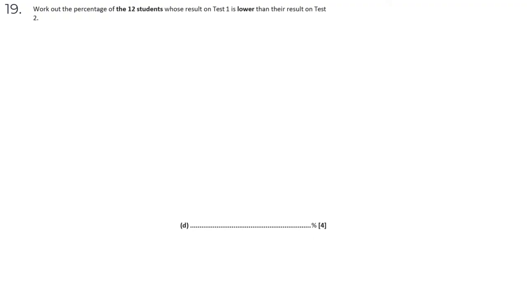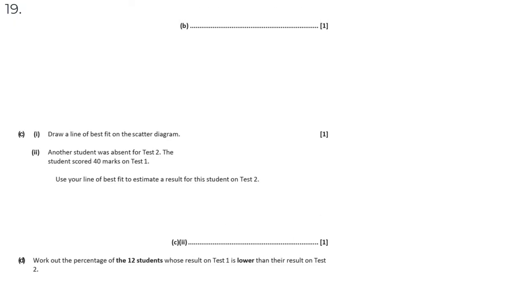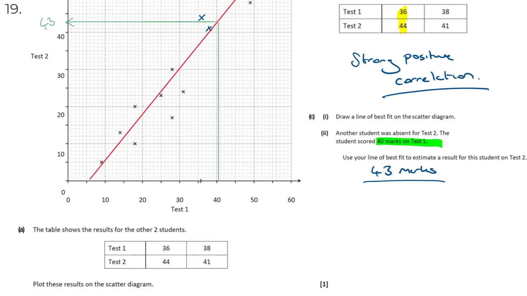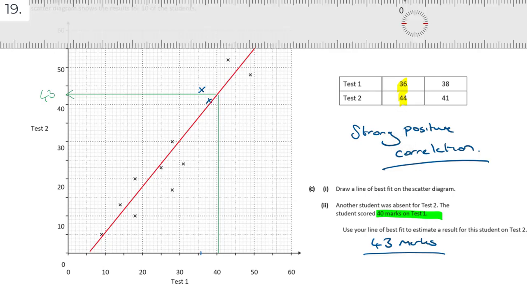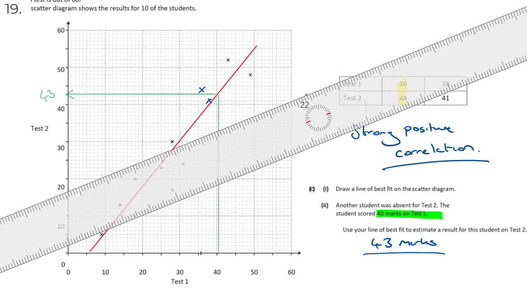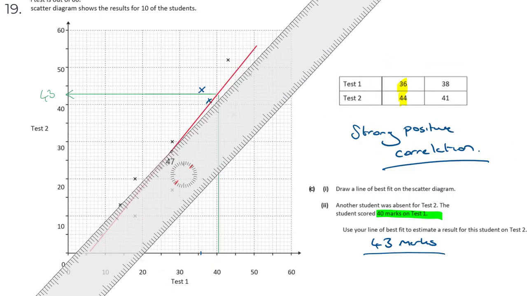Part D says work out the percentage of the 12 students whose result on test 1 is lower than their result on test 2. So they did worse on test 1 than they did on test 2. Okay, now coming back to the graph, if I draw a line on here that shows when they did exactly the same, then they're going to lie on this diagonal line, aren't they?